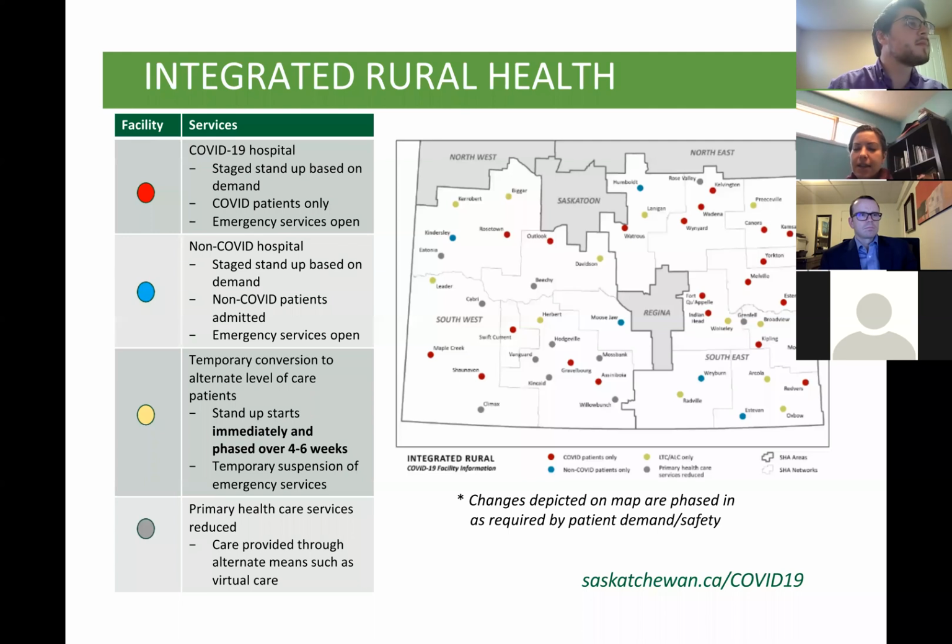Yeah, I think that's a really interesting question. Certainly we know people who have underlying lung disease or other health conditions would be more at risk of serious illness if they were infected with COVID-19.